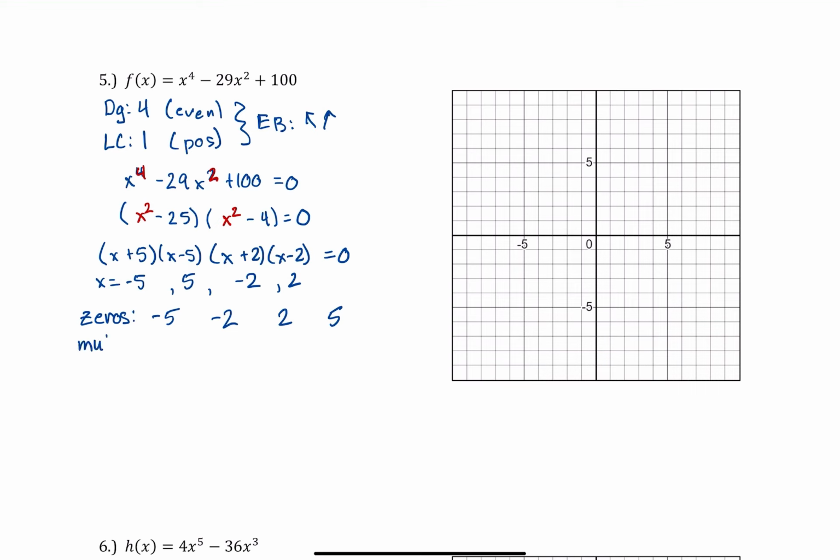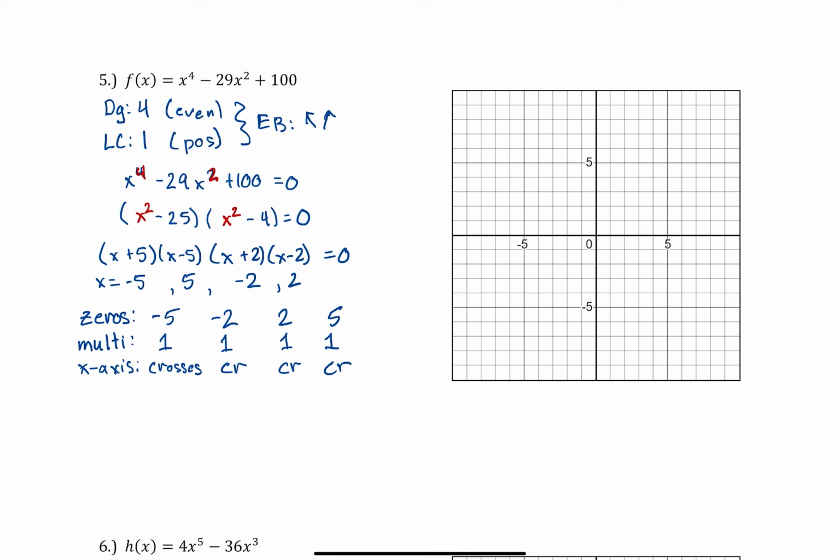The multiplicity, again, comes from the fact that all of these factors have a 1 on them. So the multiplicity for each of these is 1. And the behavior at the x-axis is that it crosses at every single one. So I'm going to just do CR for short, so I don't have to write that 4 times.